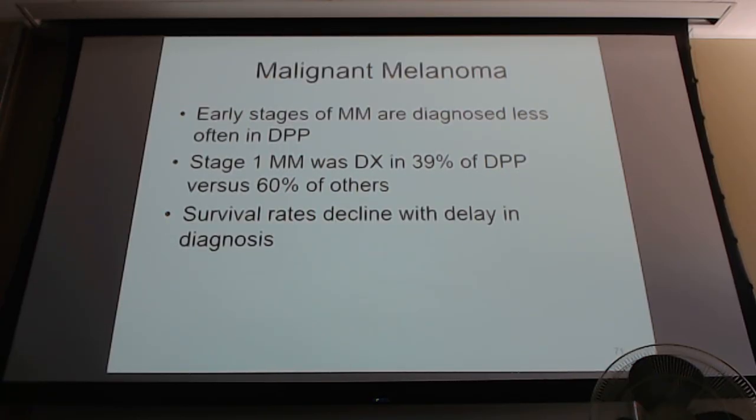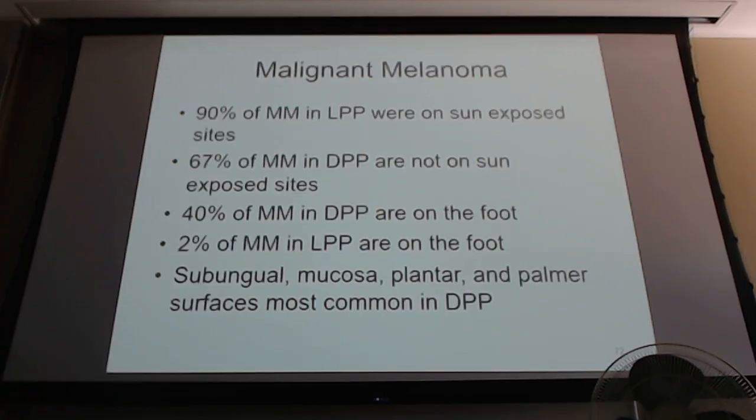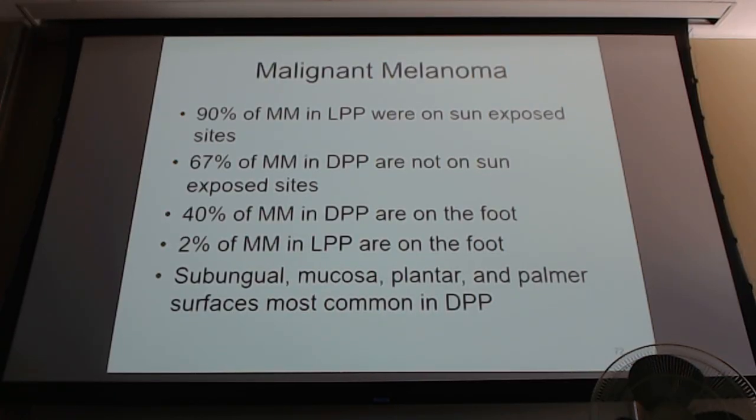Stage 1 malignant melanoma was diagnosed in 39% of DPP versus 60% of others. Survival rates decline with delay of the diagnosis. Again, I said earlier that I am finished with the phototype colored people. Now this is more in association with dark and light.